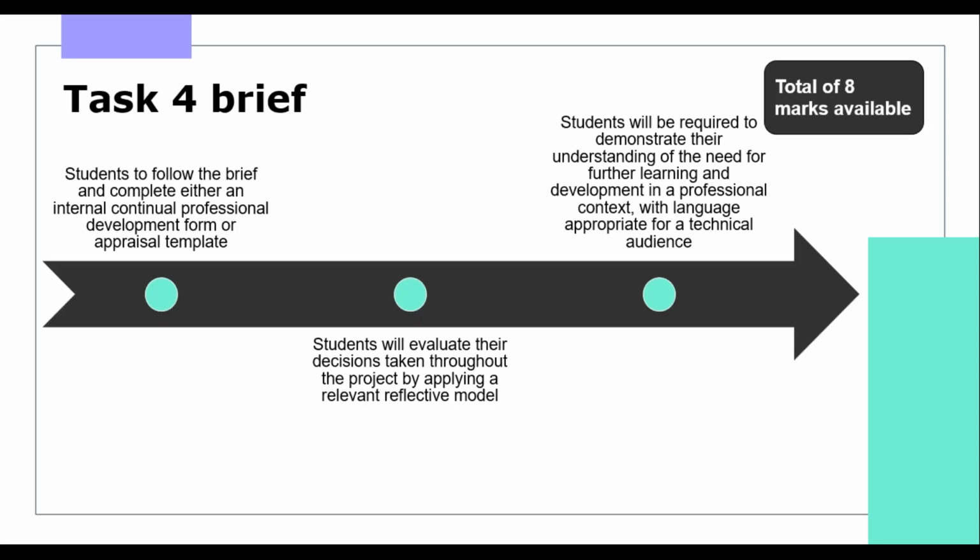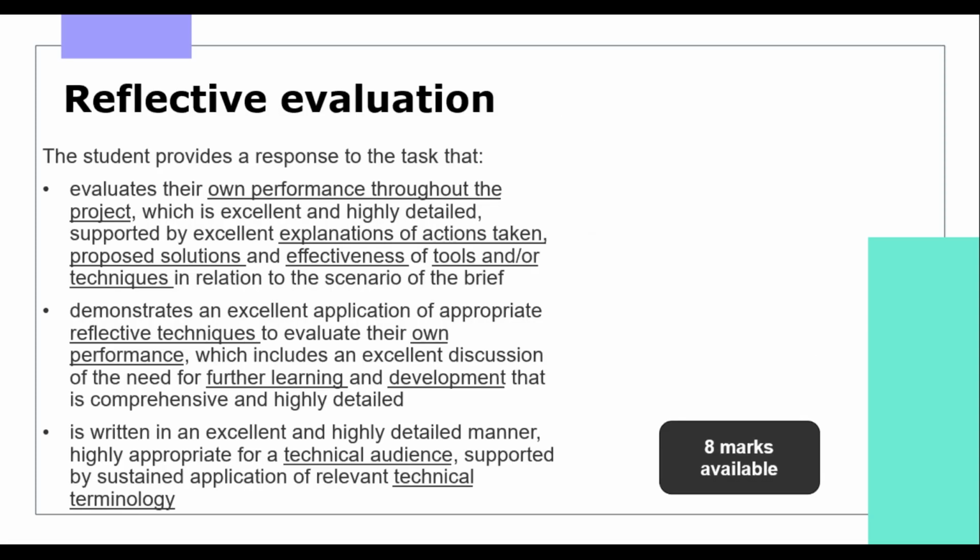They will also be required to demonstrate their understanding of the need for further learning and development in a professional context, with language appropriate for a technical audience. Now, on screen is the highest band mark and descriptors which students need to demonstrate in their response for all 8 marks.